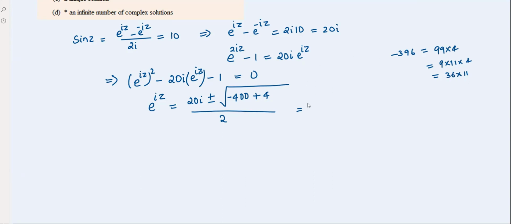So 6 root 11. So you get 20i plus or minus 6 root 11 i by 2, so 10i plus or minus 3 root 11 i.